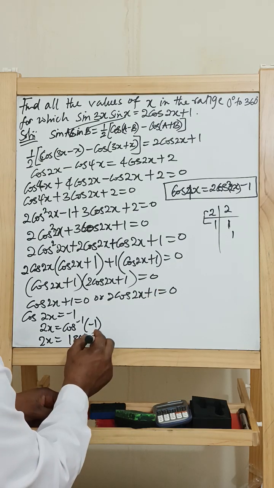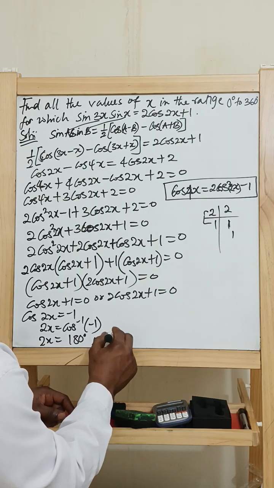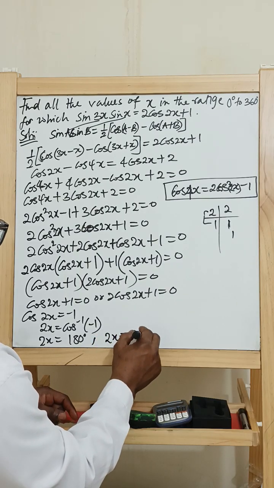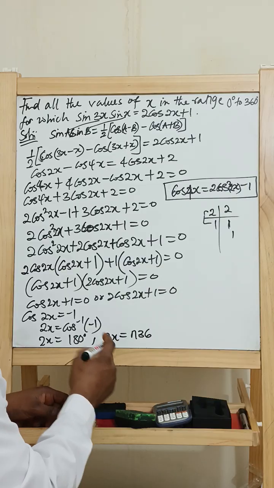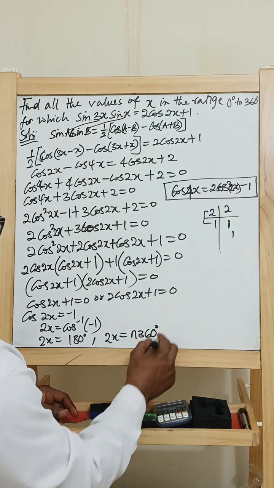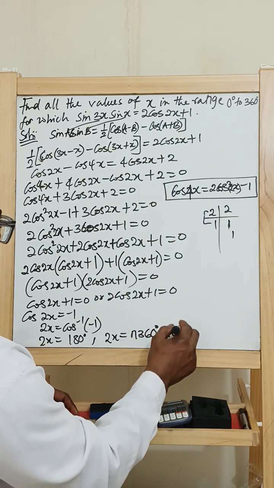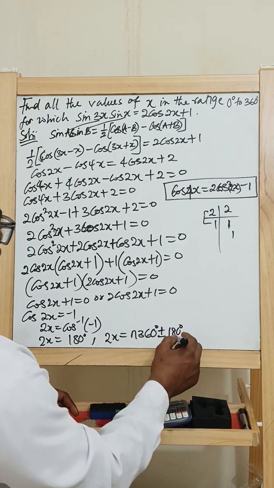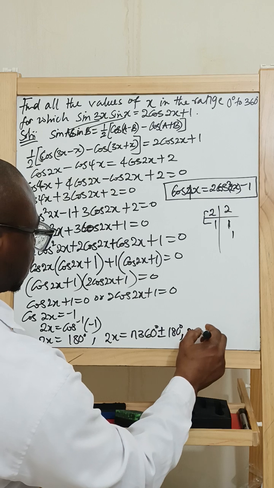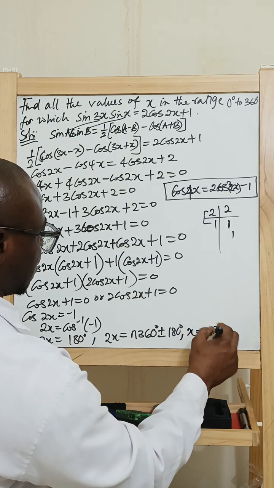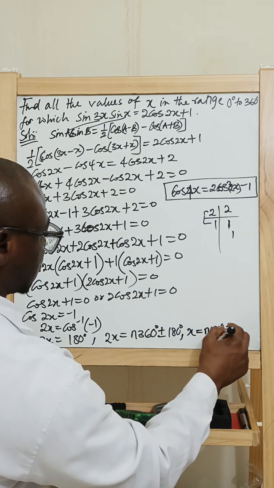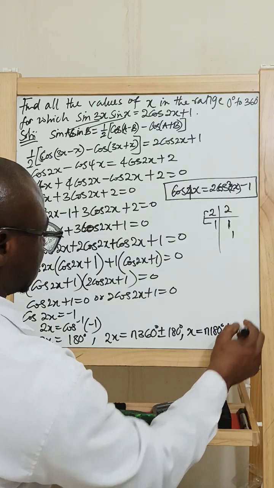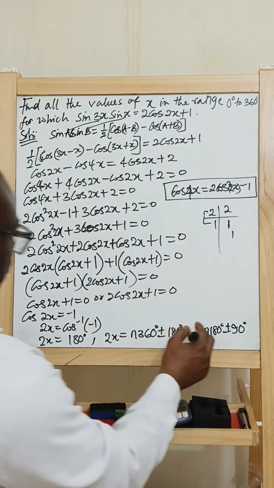The general formula for this is 2x will be equal to n360, because we are dealing with cos, right? Plus or minus 180 degree. So what is x from here? X is going to be equal to n 180 degree plus or minus 90 degree, right?